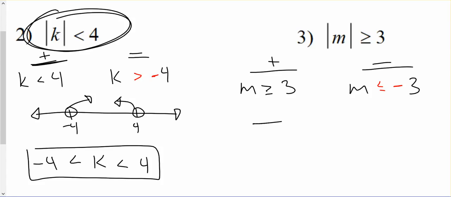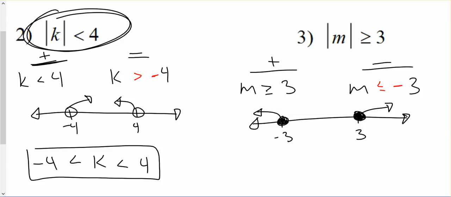So now if we were to graph these, we've got negative 3 and we've got positive 3. What are we in comparison to the positive 3? We're greater than or equal to positive 3, so that's a closed circle, and greater than goes to the right. What are we in comparison to negative 3? We're less than or equal to negative 3, so that's a closed circle, and we're going to the left.